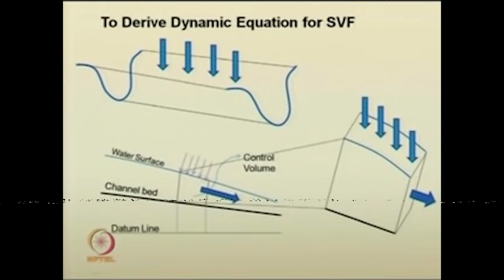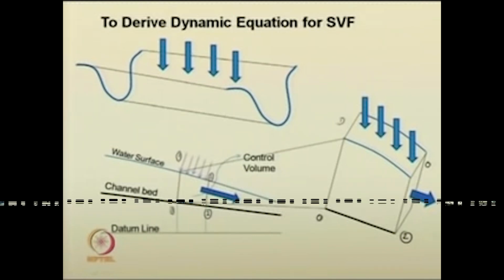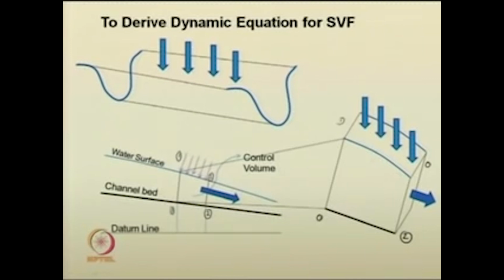I am taking a control volume between section 1 and section 2. That entire control volume is shown here in magnified form. This is section 1, section 2. You can see some quantities of water getting added along the reach of that control volume.